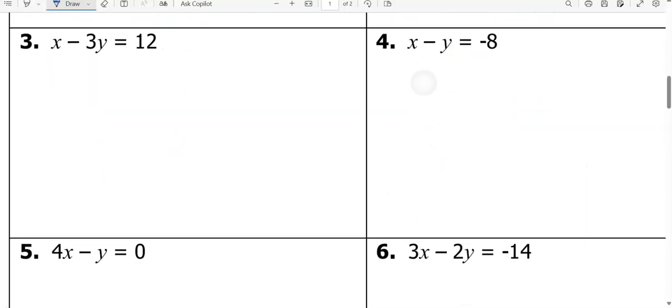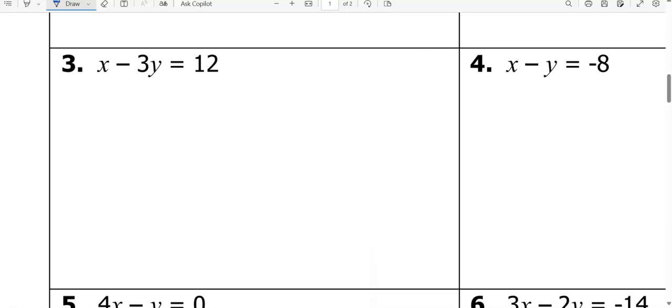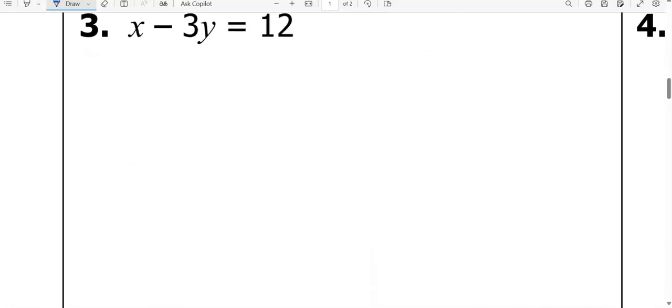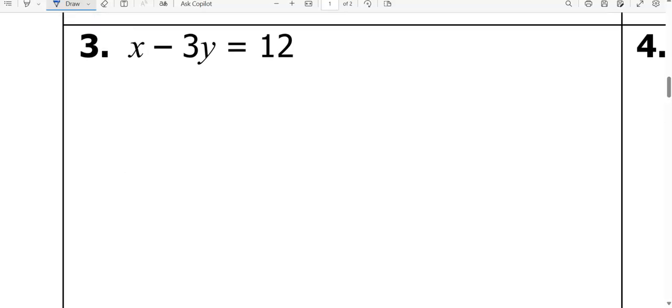I'll take even some guests who want to weigh in here. What do y'all think I should do on this one right here? If I'm solving for y on number 3, what do I get rid of first? The x. How do I get rid of a positive x? Minus x. Y'all remember how I put this in front?